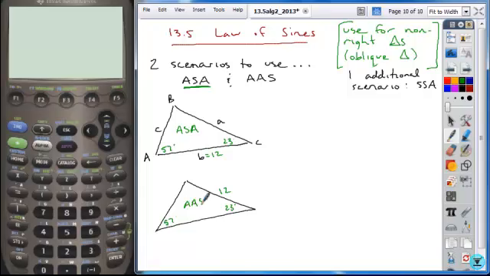So this is a pattern of AAS. Then finally, what we'll talk about a little bit later: if you're given an angle, so let's say 57 degrees here, and you're given two sides, 12 and 10, this is a pattern of SSA. You have two sides, and the angle is opposite one of those sides.